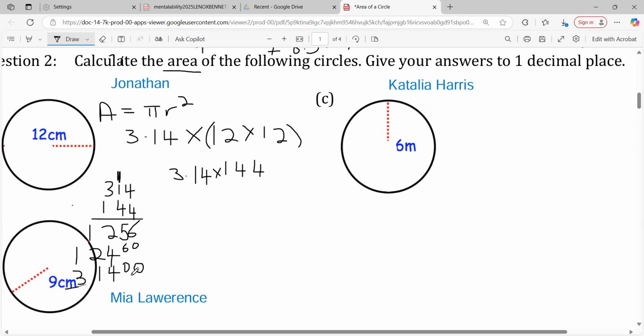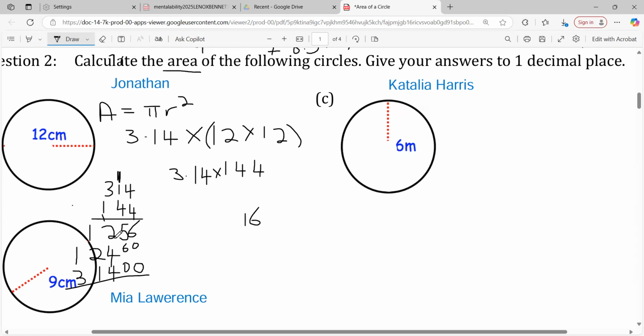And then what we're going to do is add. So for the ones place, you're going to say 6 plus 0 would give you 6. You're going to put down 6. And then you say 5 plus 6 plus 0 would give you 11. So you're going to put down 1 and carry over the other 1.